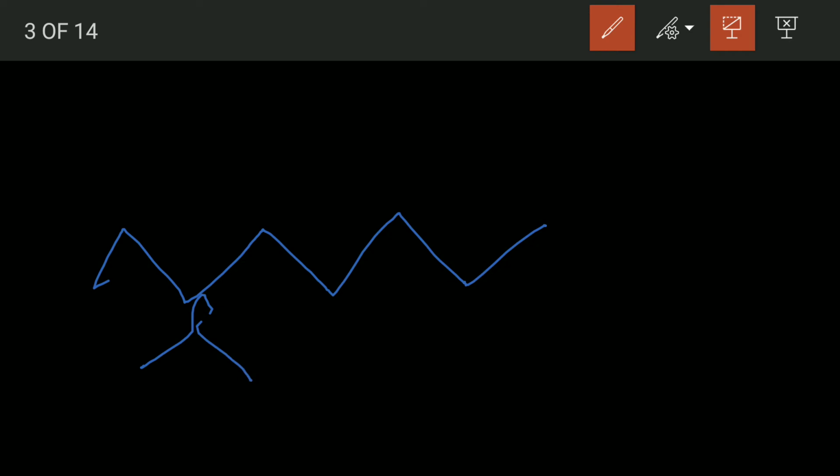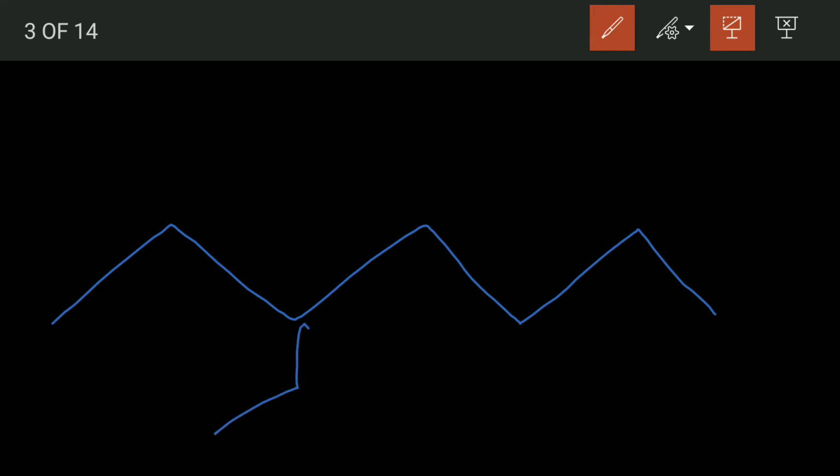Let's take another example. With this last example, you would clear your concepts. Now tell me, what is the parent chain? So it's like this. Which is the parent chain?